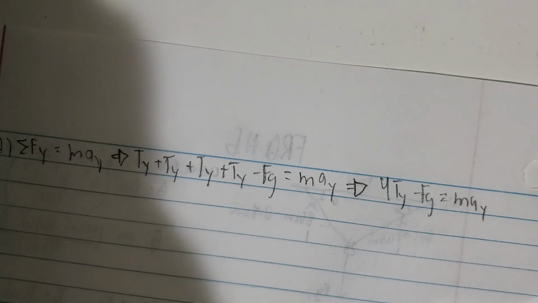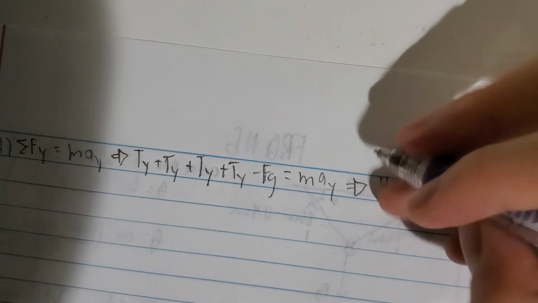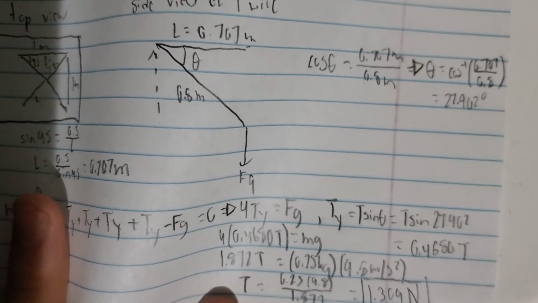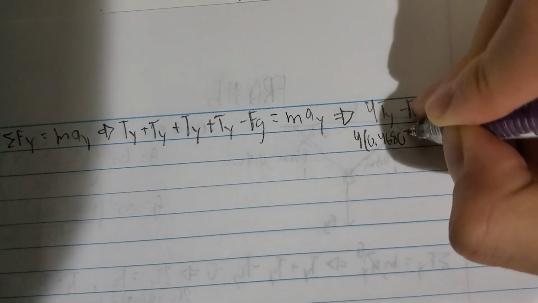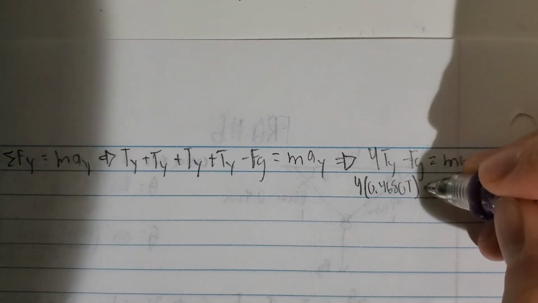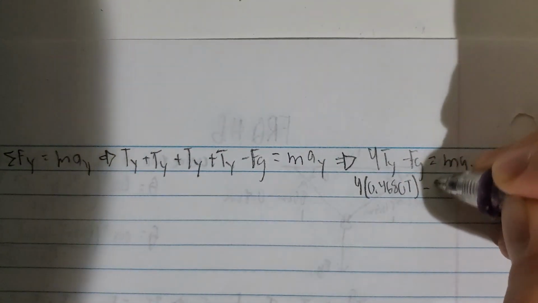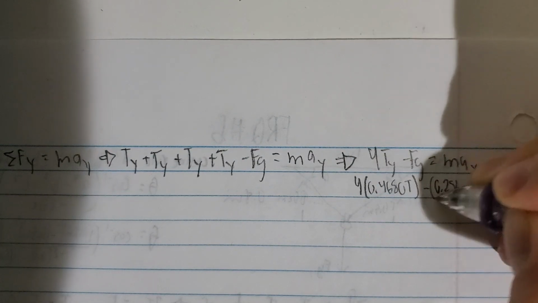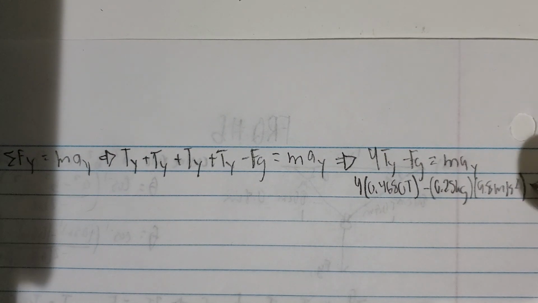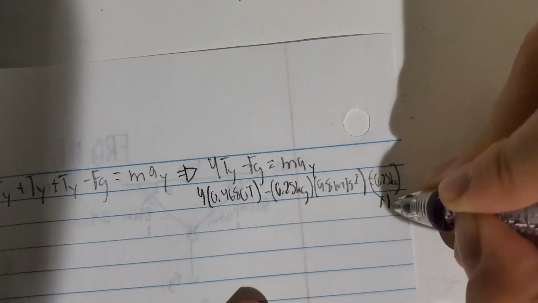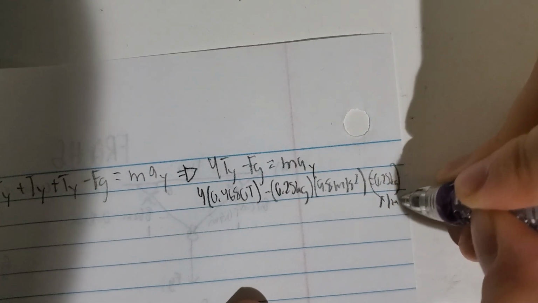And so right now I can just plug in my numbers. The ty I defined back here is 0.4680 t, so 4 times 0.4680 t minus Fg, which is 0.25 kilograms times 9.8 meters per second squared, equals the mass, 0.25 kilograms, times acceleration, 1 meter per second squared.